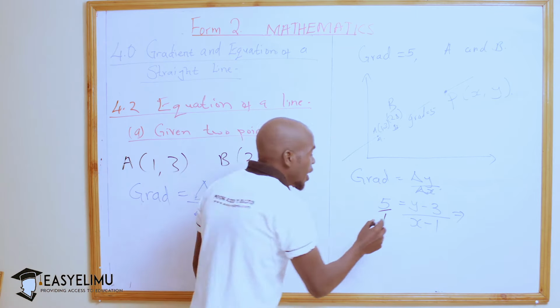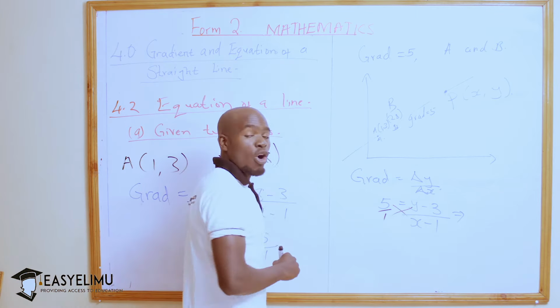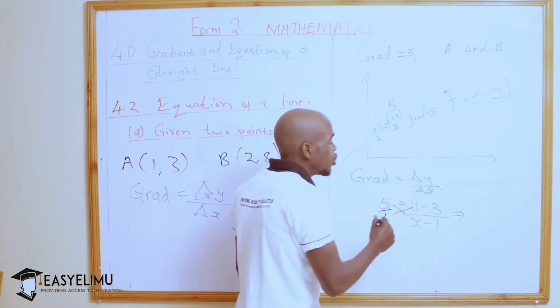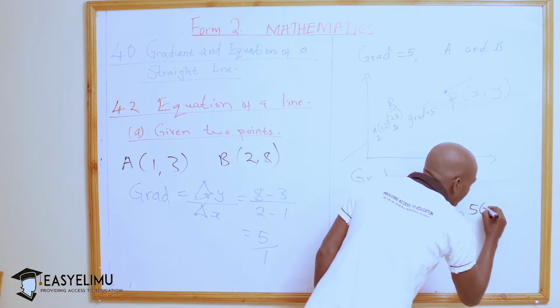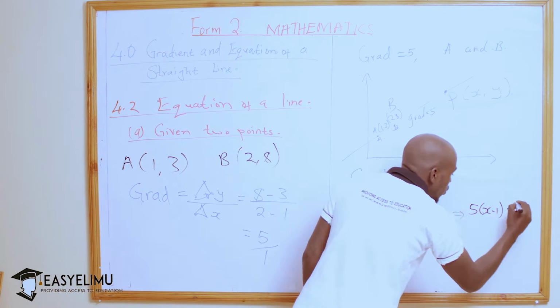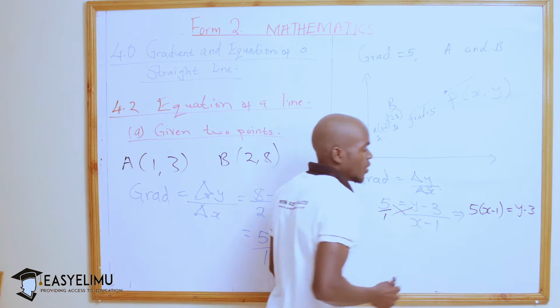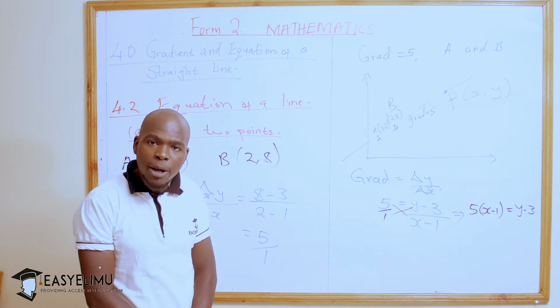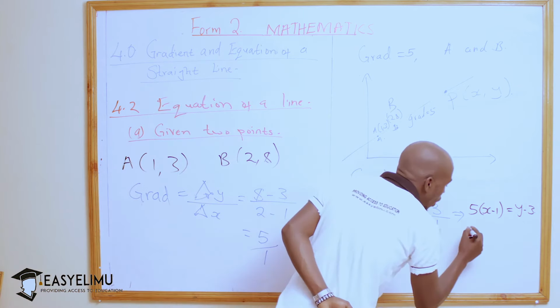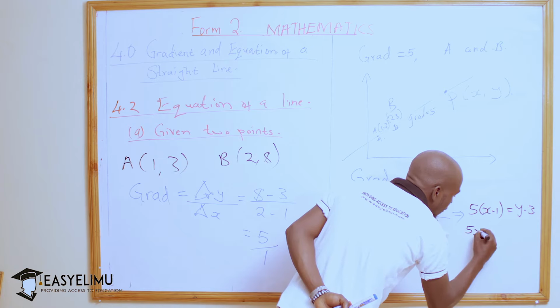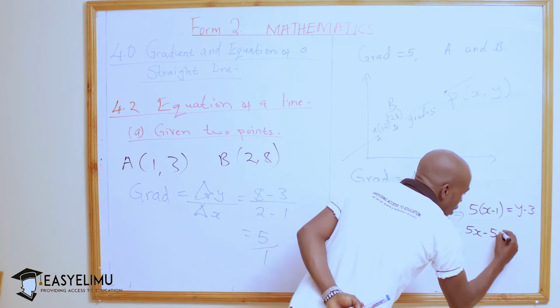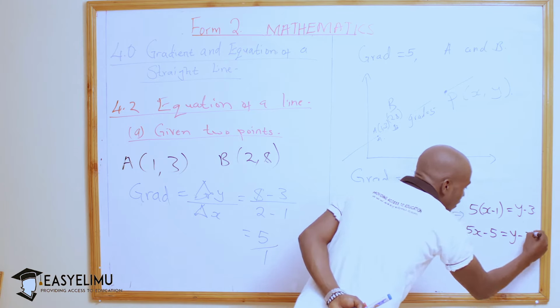So if we do that, we can cross multiply, and on cross multiplication we are going to have 5 into x minus 1 is equal to y minus 3. If we expand the bracket, we are going to have 5x minus 5 is equal to y minus 3.